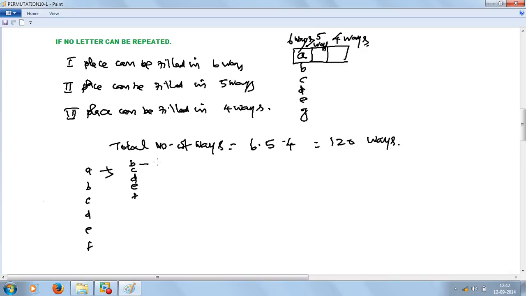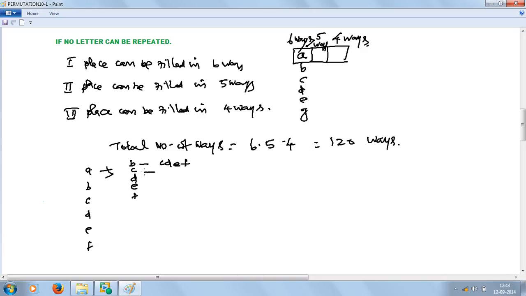Third one, how many letters can you fill up? We can fill up with C, D, E, F. Four ways you can write now. What about if you use A and C? What about the next one?